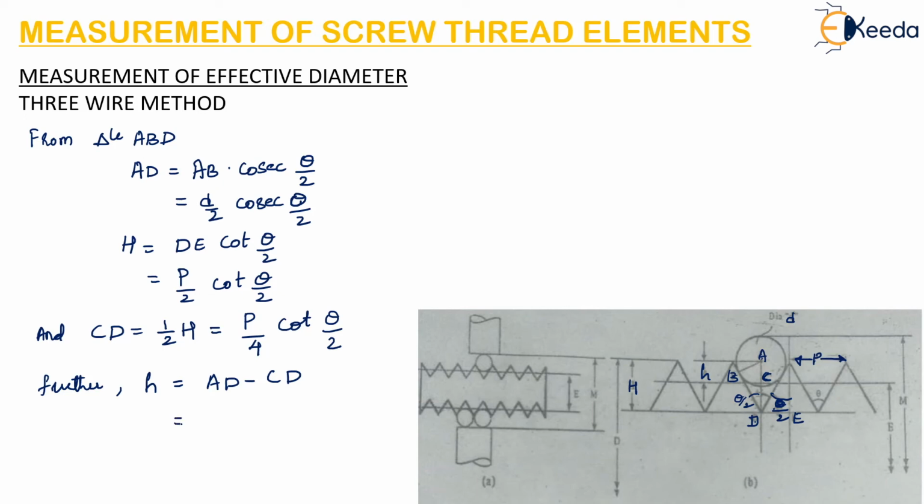So we can write small h as, we know the value of AD and we know the value of CD. So AD is d by 2 cosec of theta by 2 minus the value of CD, P by 4 cot of theta by 2. So h can be written as d by 2.